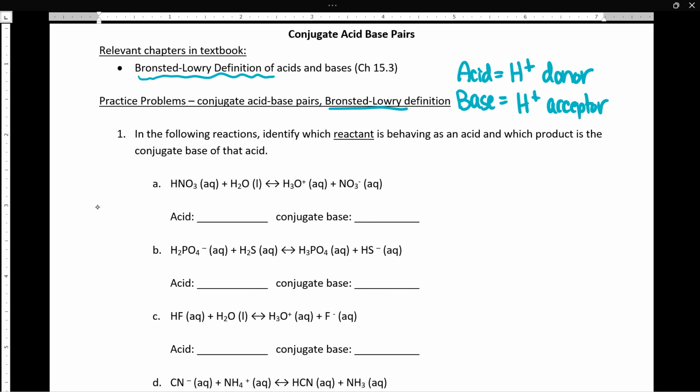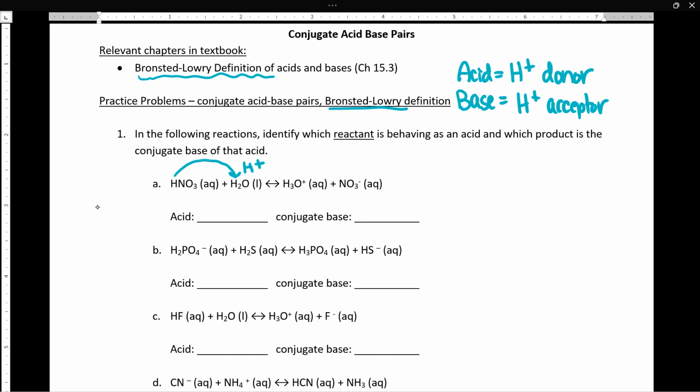So whenever you're looking at this type of reaction, how we identify this as a Bronsted-Lowry reaction is if we take a look at this equation right here, we notice that what's happened, if you compare the reactants and the products, is that a hydrogen is moving from one molecule to another, from one species to another. So in this case, it looks like the HNO3 is giving a hydrogen to the water.